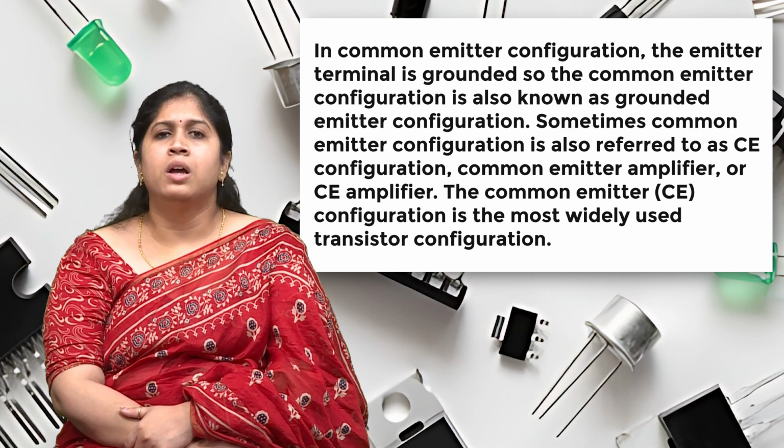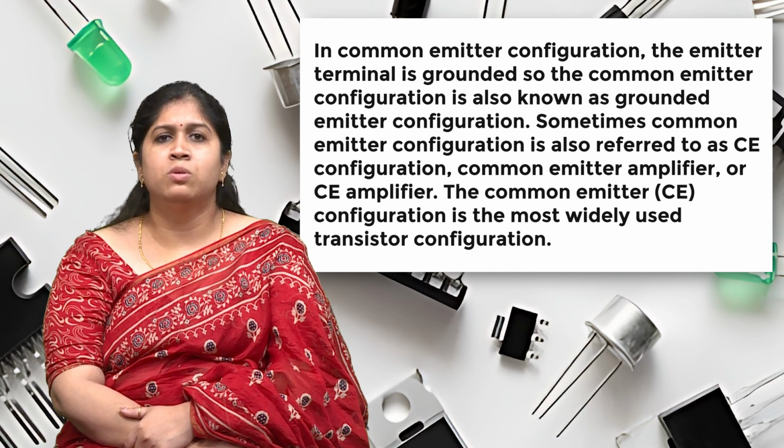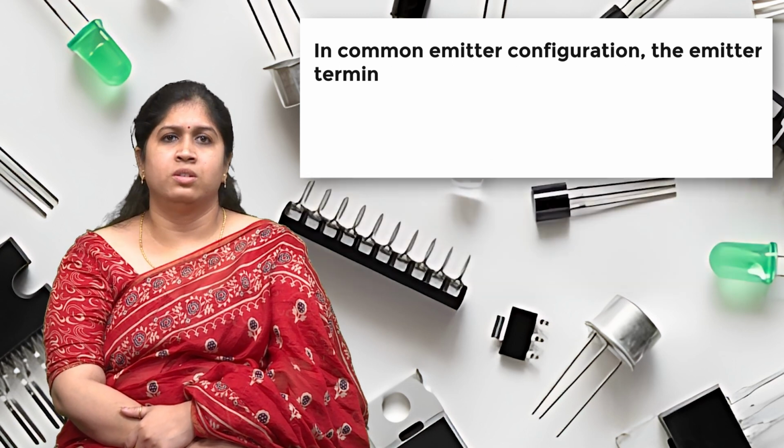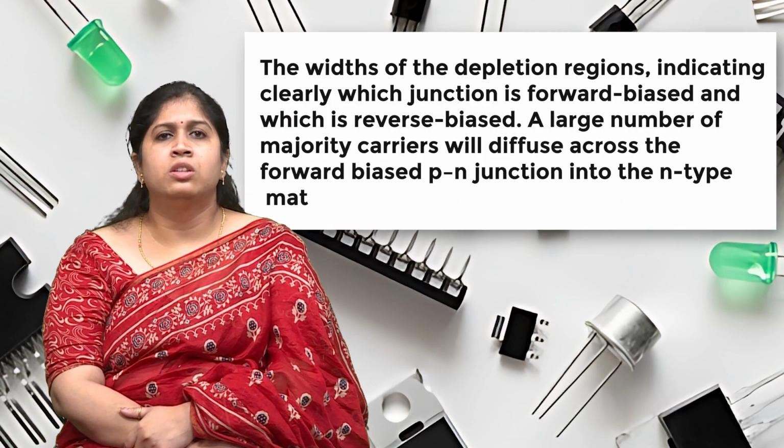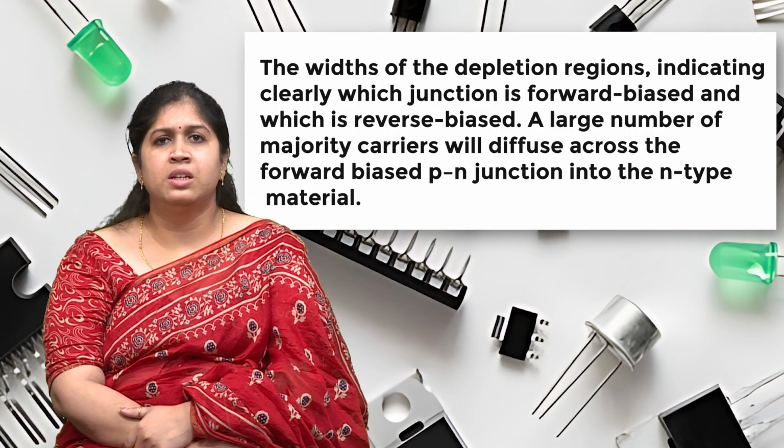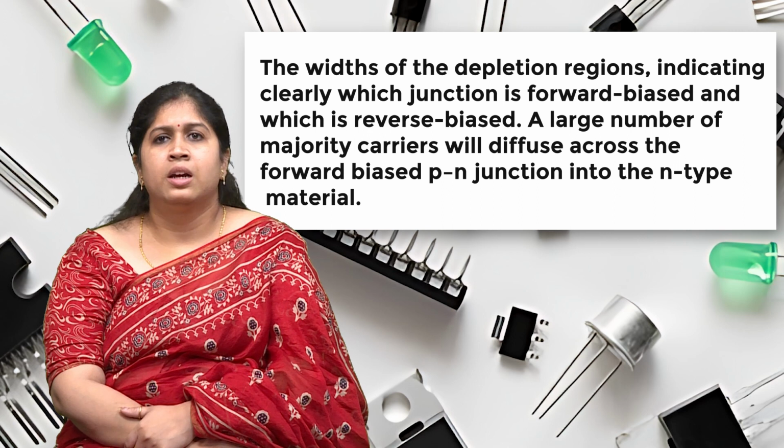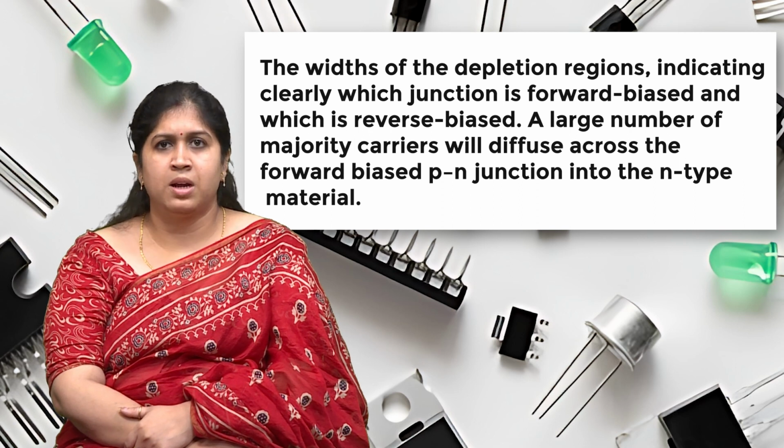The common emitter configuration is the most widely used transistor configuration. The width of the depletion region indicates clearly which junction is forward biased and which junction is reverse biased.